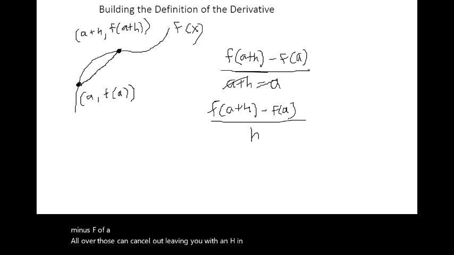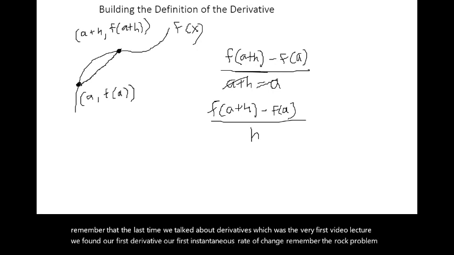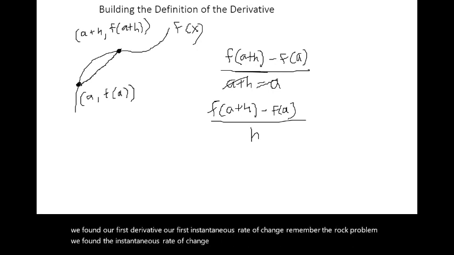Now, you might remember that the last time we talked about derivatives, which was the very first video lecture, we found our first derivative, our first instantaneous rate of change. Remember the rock problem? We found the instantaneous rate of change of the rock at 1 second by taking 2 distinct points in time and bringing them closer and closer together.